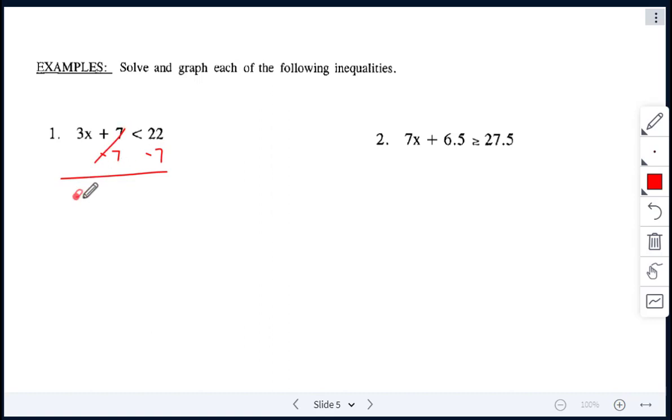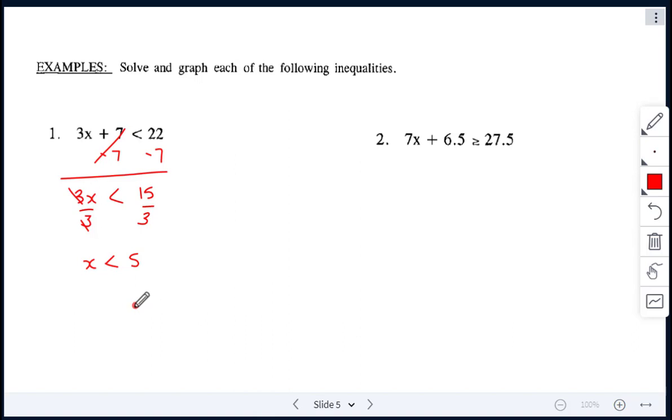That leaves me with 3x is less than 22 minus 7, which is 15. So 3x is less than 15, and we're going to divide by 3 on both sides. That leaves me with x is less than 15 divided by 3, which is 5.